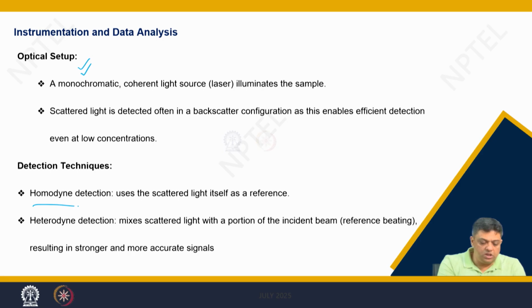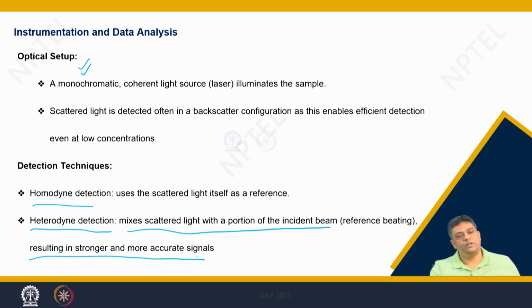Then you can use homodyne detection, or you can use heterodyne detection, where you mix scattered light with a portion of incident light. This results in stronger and more accurate signals.